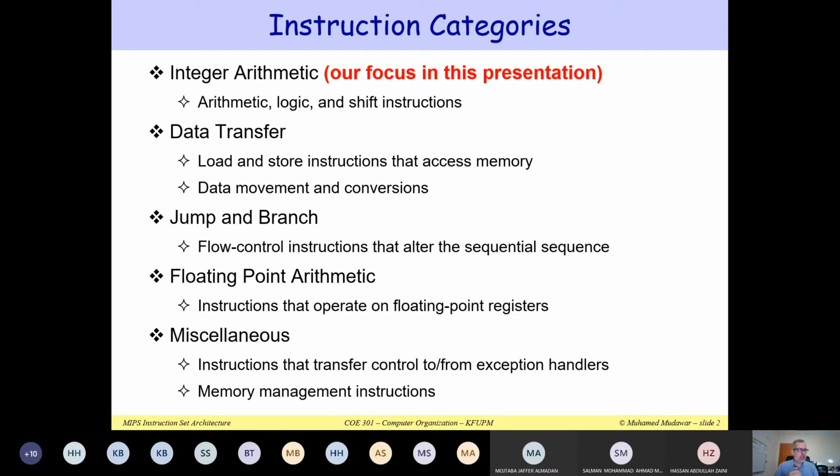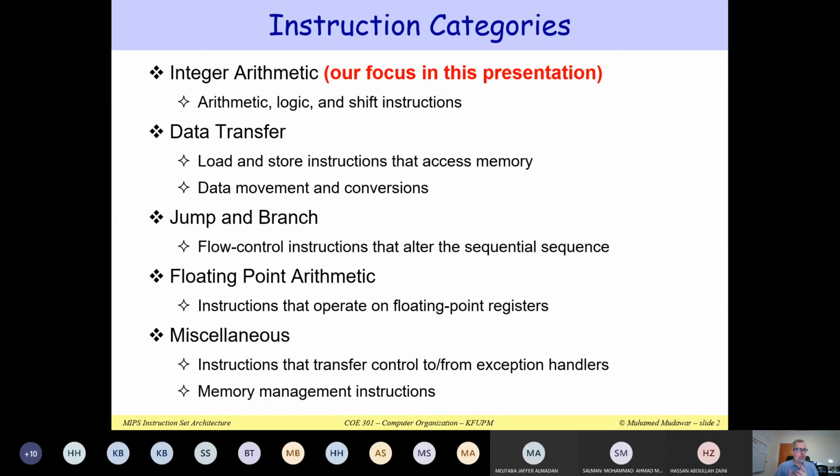We also have floating point arithmetic instructions, which are different from the integer arithmetic. They are also arithmetic, but they operate on floating point numbers and floating point registers. So it's a different group of instructions. And there are miscellaneous instructions, like we have seen the system call instruction.